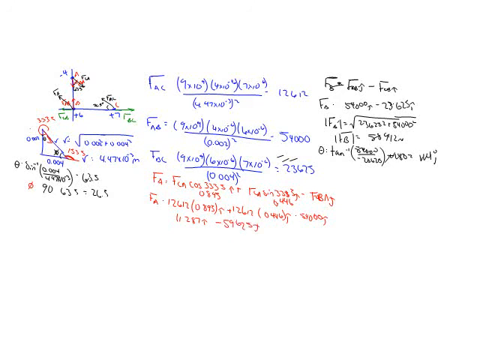Okay, those are your components for FA. Find the magnitude and the direction. I don't really want to write it all out, so I'm just going to write the answer. Because I'm lazy. Don't be like me.